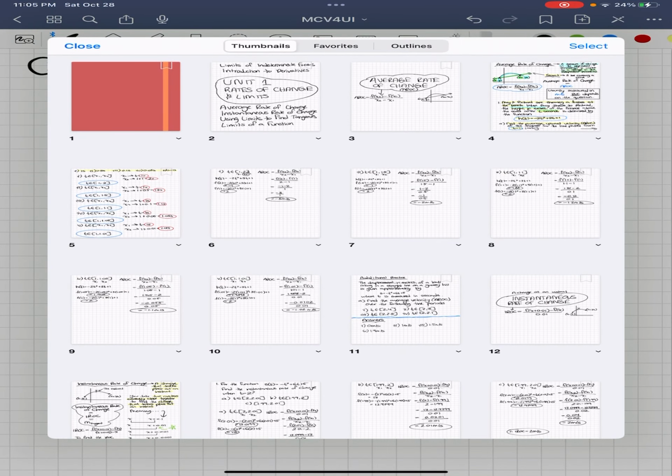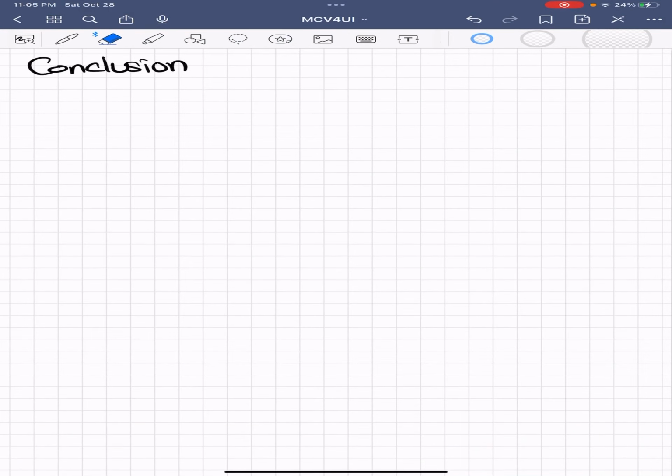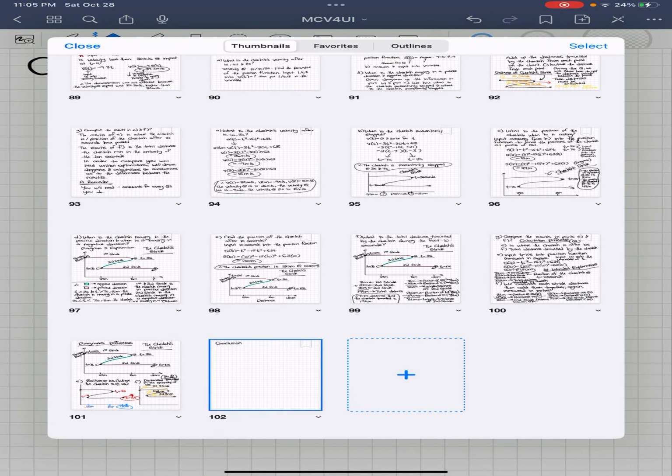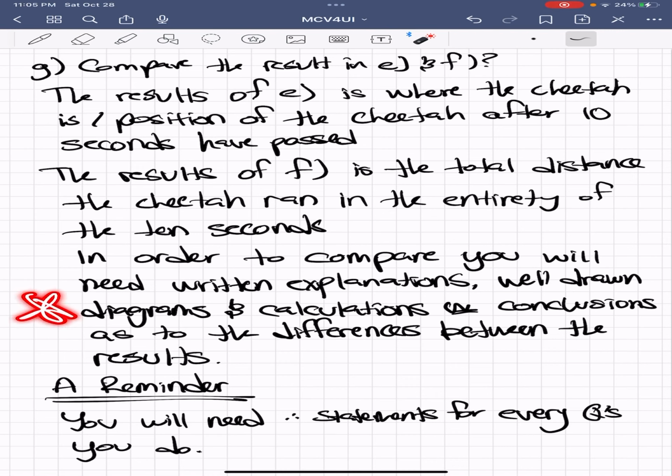So, in order to compare, you will need written explanations, well-drawn diagrams, and calculations with conclusions as to the differences between the results. So we'll start that.